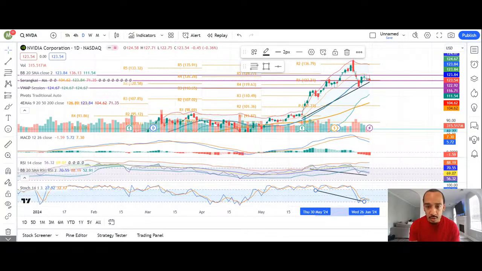So it was a perfect divergence right here. And it hit that low and it bounced. So the next day or halfway through the day after that would have been the perfect time to get in.